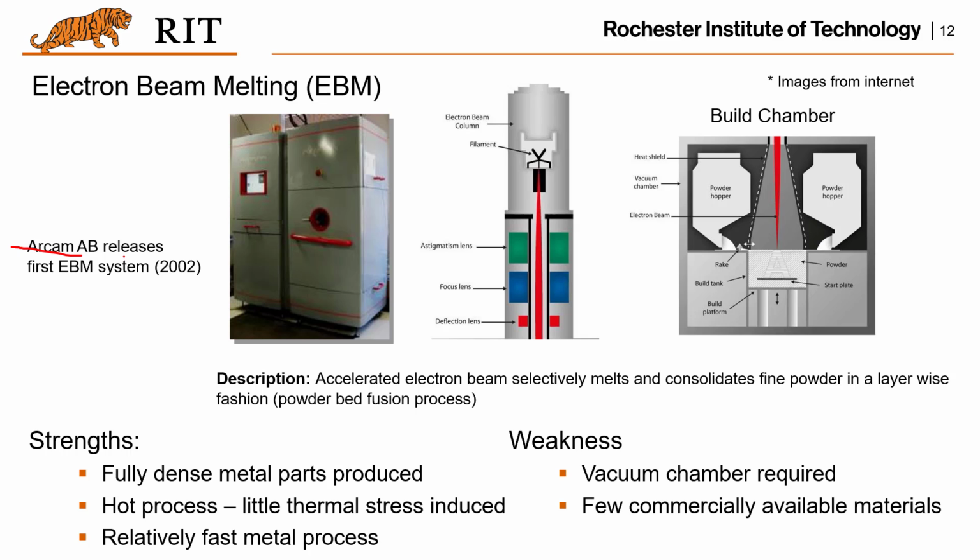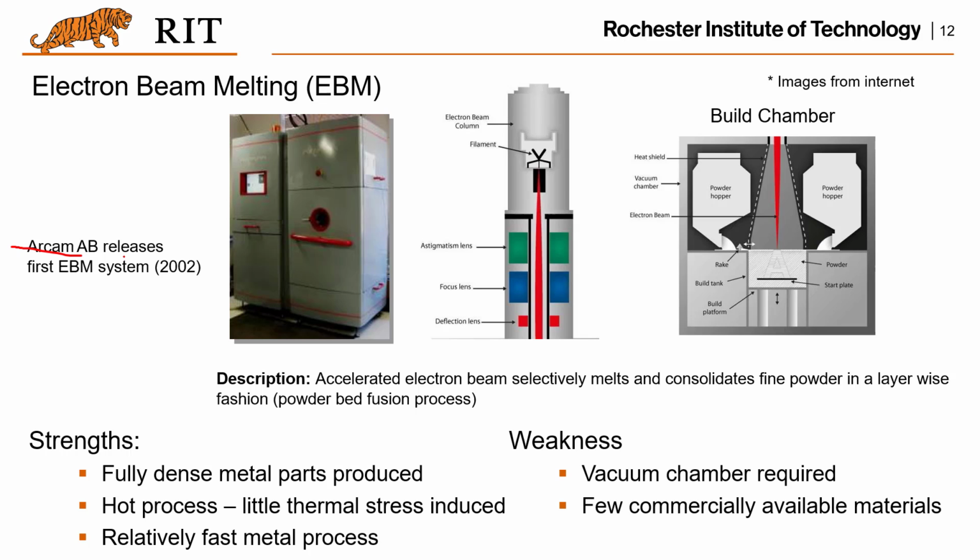The strength of this process is, again, it can produce fully dense metal parts, and it is a hot process, meaning the build platform is heated up so that little thermal stress is introduced. It's also relatively faster compared to selective laser sintering.